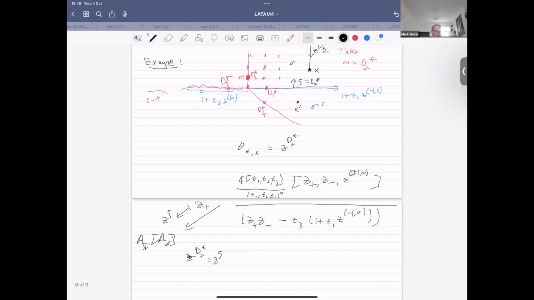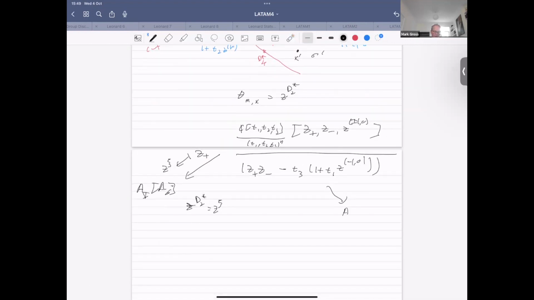And now we have the other localization map down to A_I bracket lambda sigma prime. That localization map was defined essentially by solving for z minus. So the point was that z plus is equal to z minus inverse times t3 times 1 plus t1 z to the minus 1, 0.